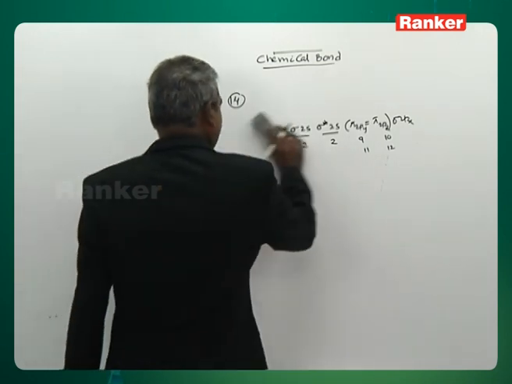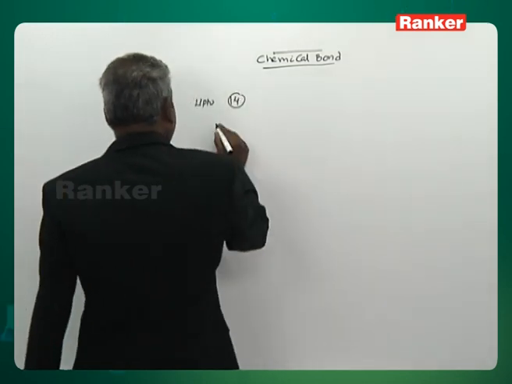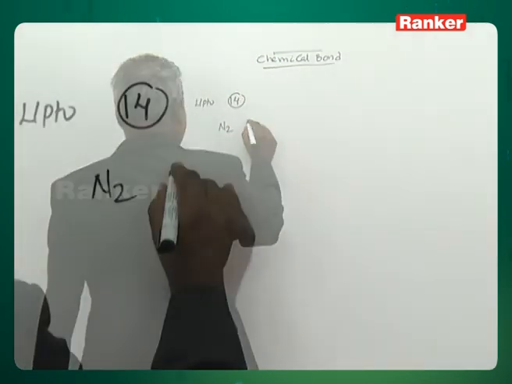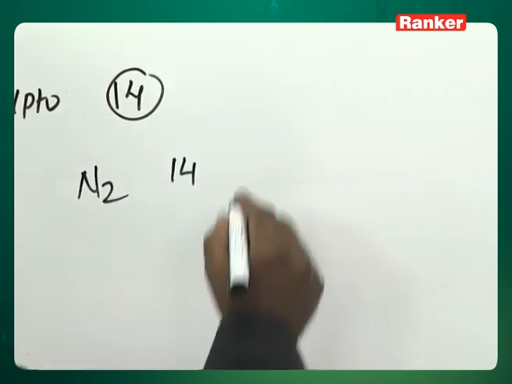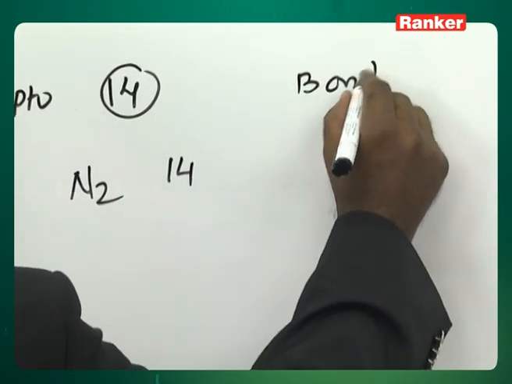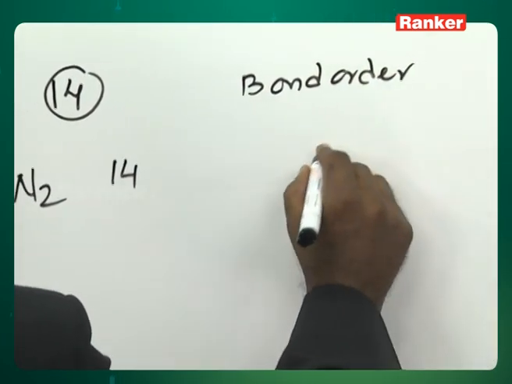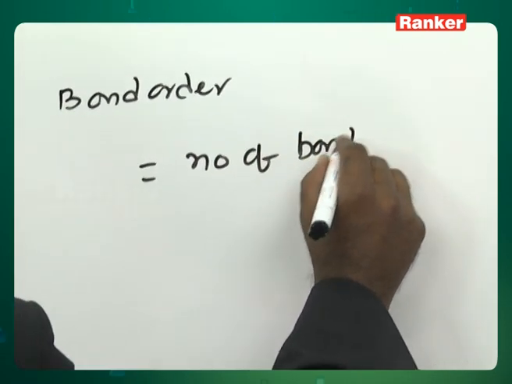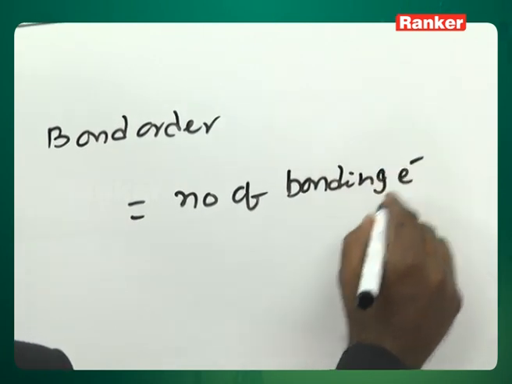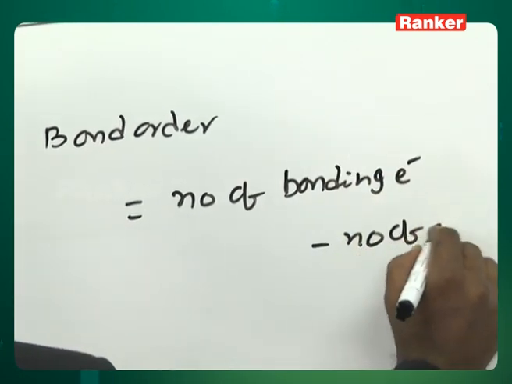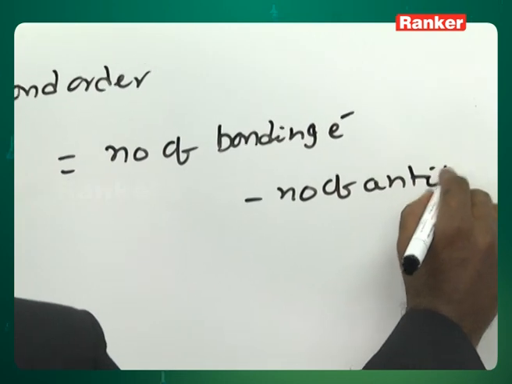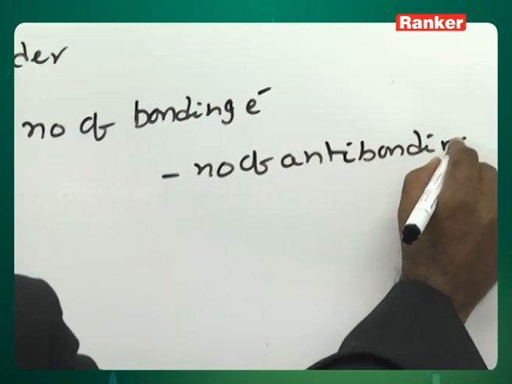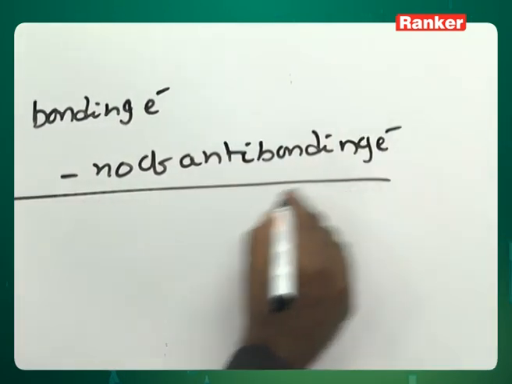So let us try to find out the bond order of N2, 14 electrons. Bond order is equal to number of bonding electrons minus number of anti-bonding electrons, divided by 2.